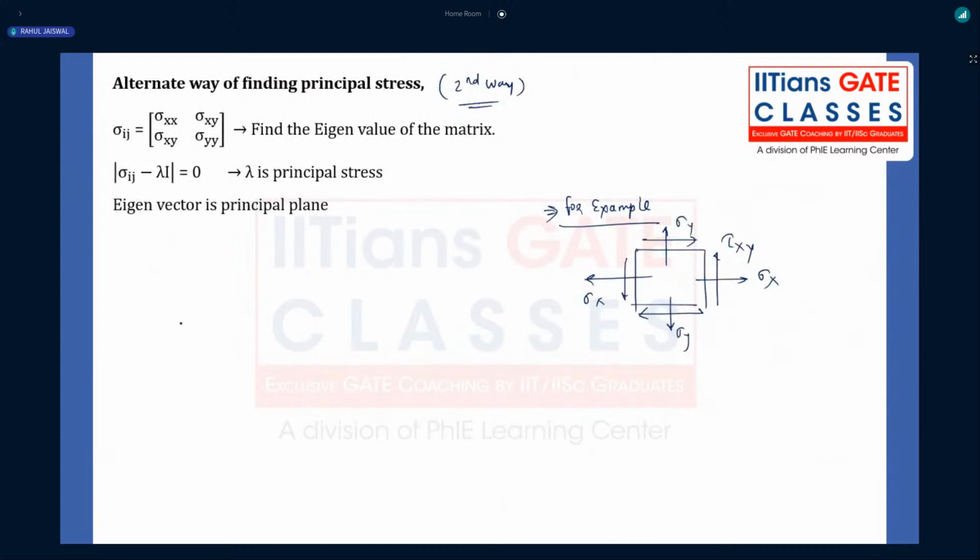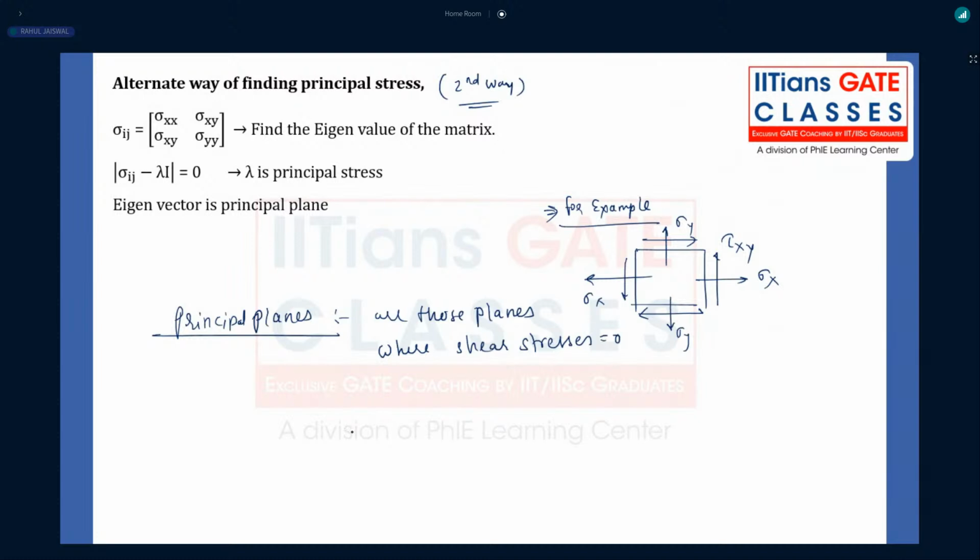I told you principal planes are those planes where shear stresses will be zero. Then what is the shear stress value? Everyone knows it is sigma x minus sigma y by 2 sine 2 theta plus tau xy cos 2 theta.